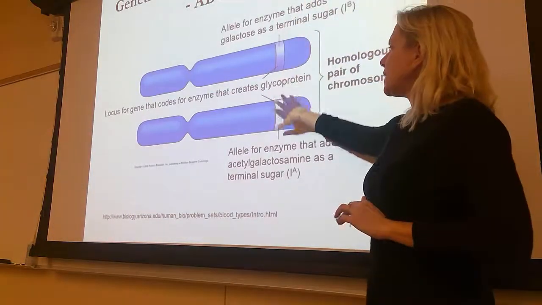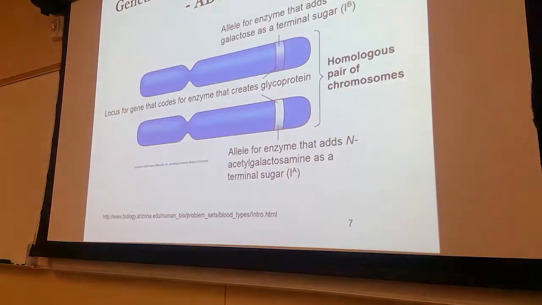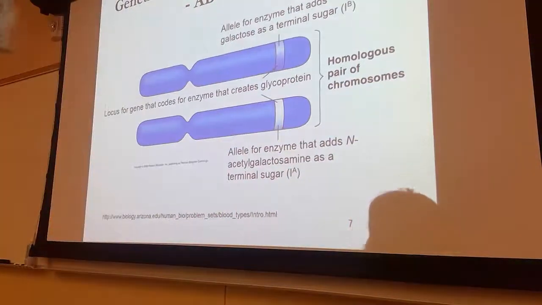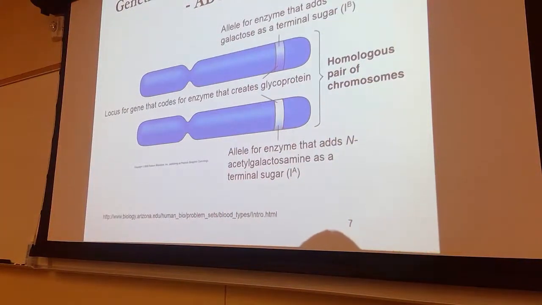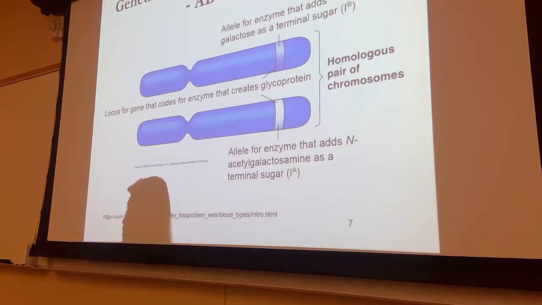They each contain a gene that will code for an enzyme to put on one of those sugars I told you about. The thing is, with blood types, the ABO blood types, we do not have your typical Mendelian genetics. In Mendelian genetics, you learned about dominant and recessive, and you learned about these traits, these genes leading to characters.